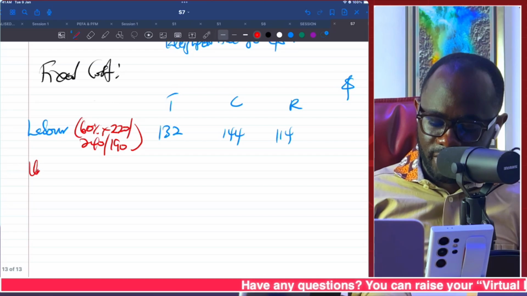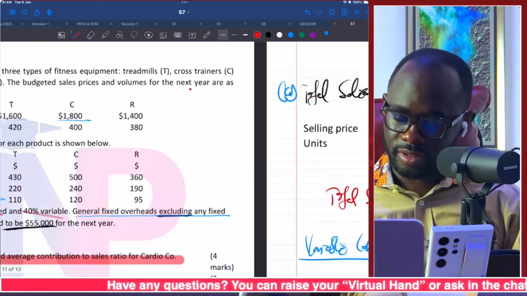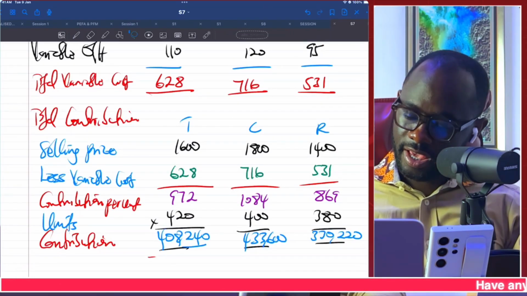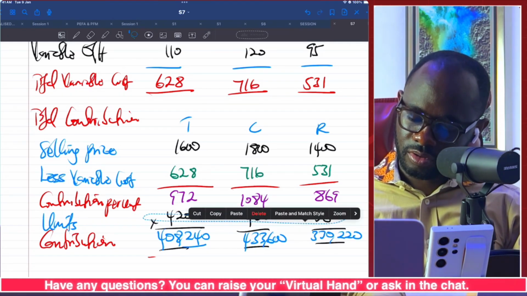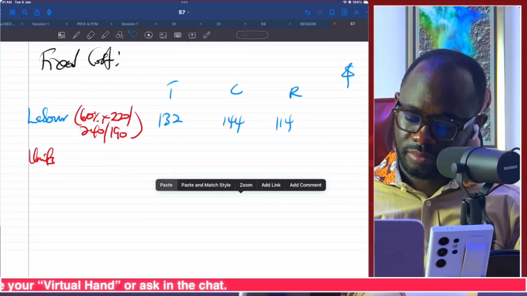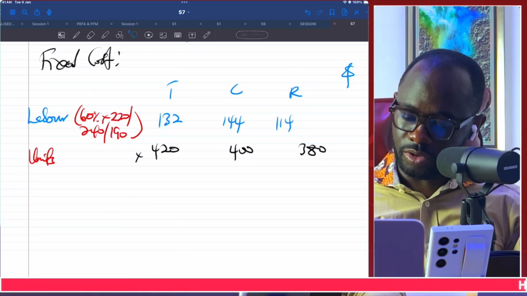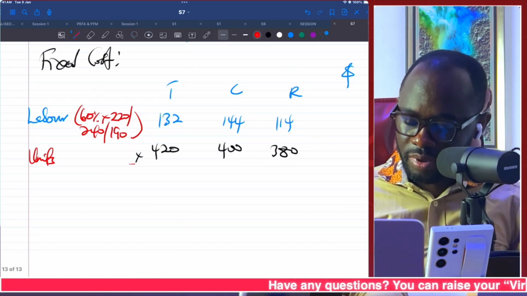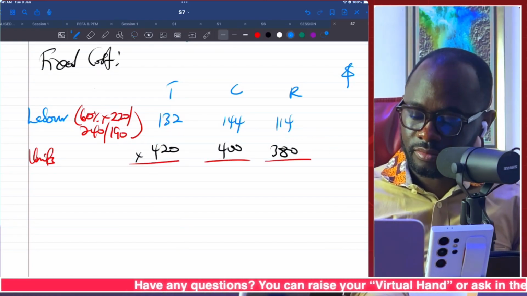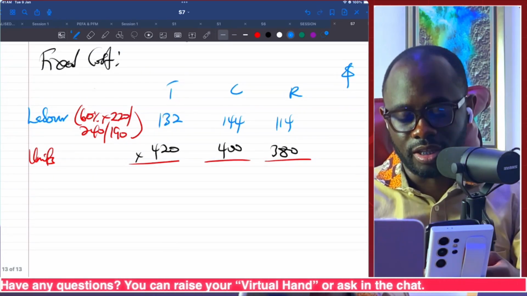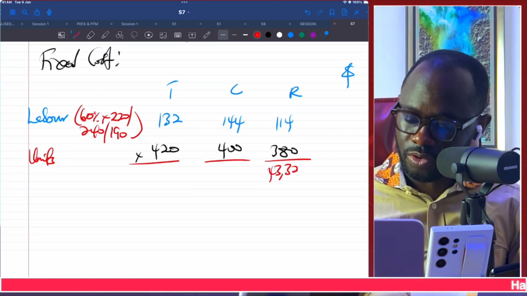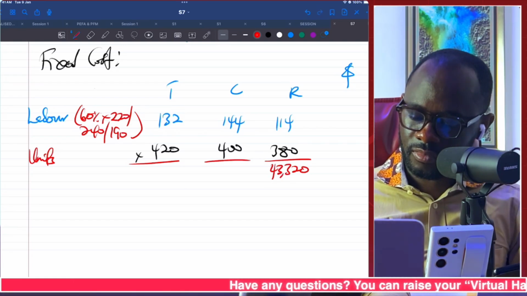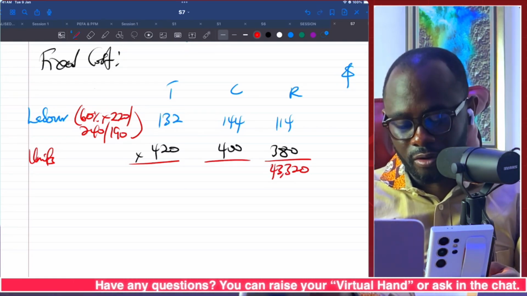So we bring the units respectively, which are here, 420. Just let me bring them up. Good. We'll just realign. So we multiply up to get a total fixed cost in terms of the labor. This is 43,320. For C, 144 by 400.